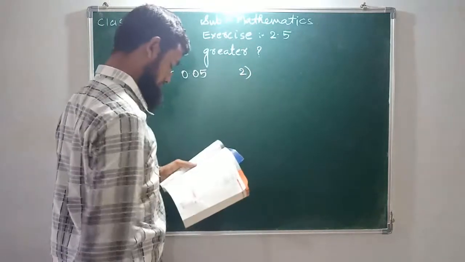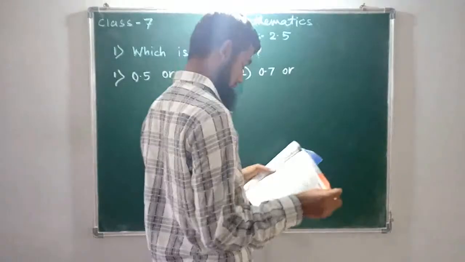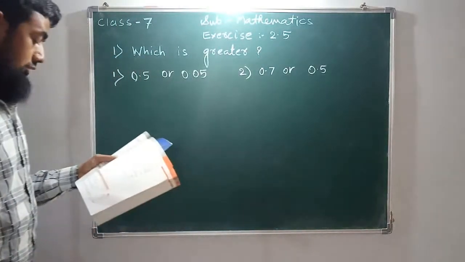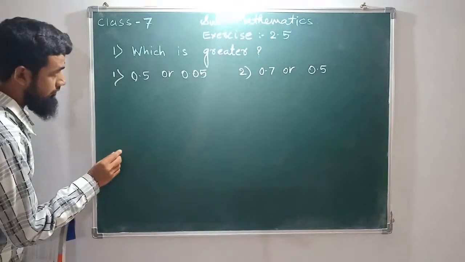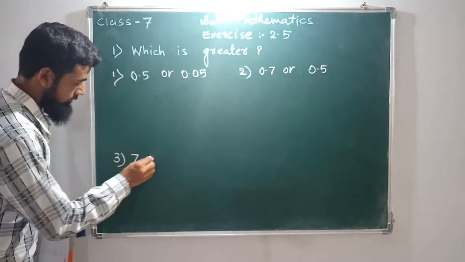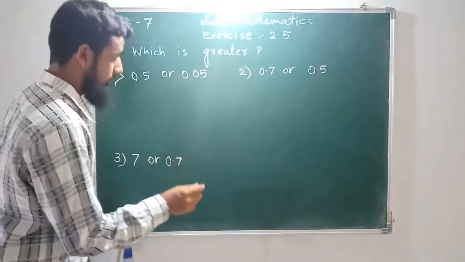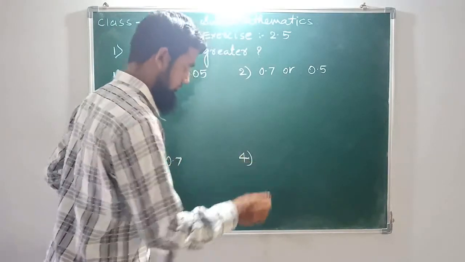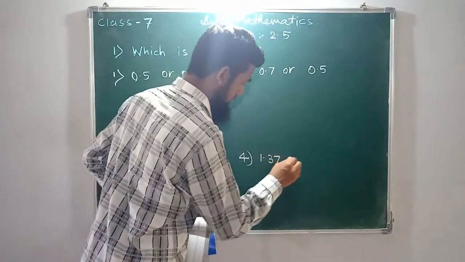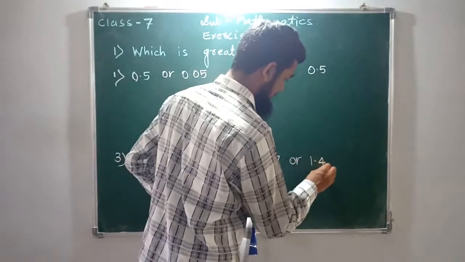Second question, 0.7 or 0.5. Question number 3, 7 or 0.7. And question number 4, 1.37 or 1.49.